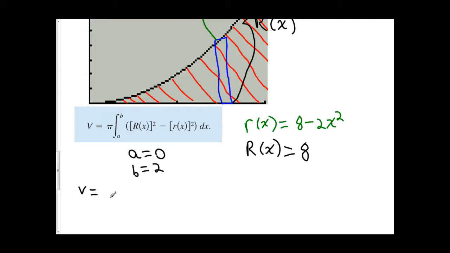The volume is going to be pi times the integral from a to b, which is from 0 to 2, of, we'll put a bracket, the uppercase R of x, which is 8, so that's 8 squared, minus the lowercase r of x, which is 8 minus 2x squared, and this is also squared.